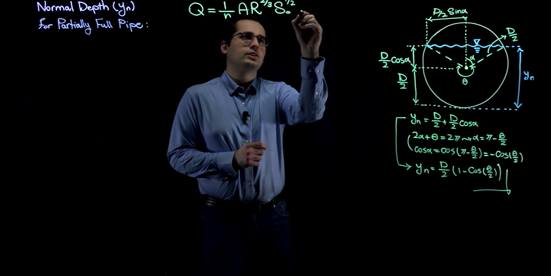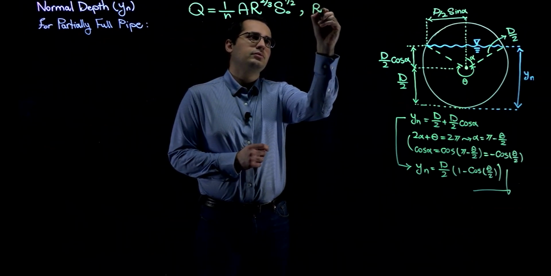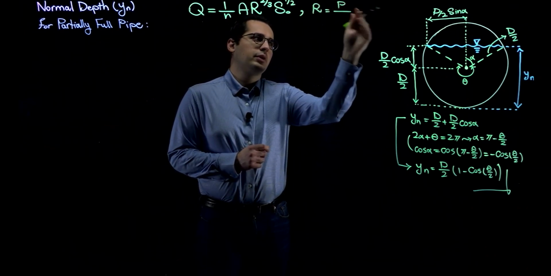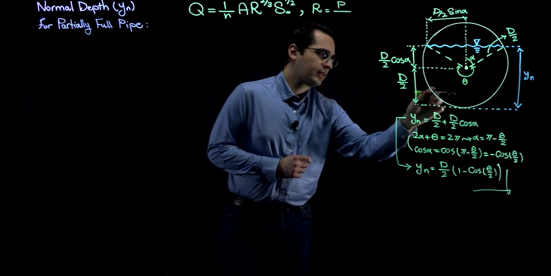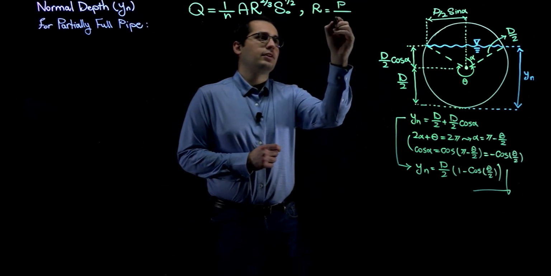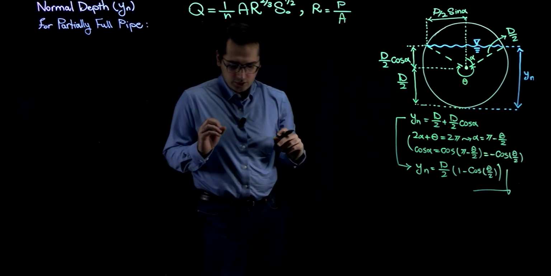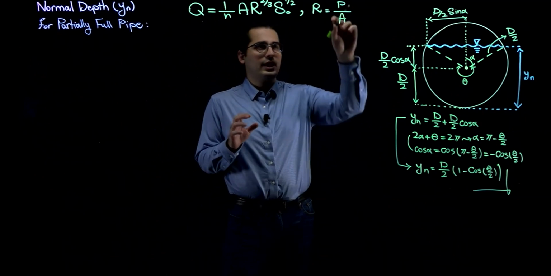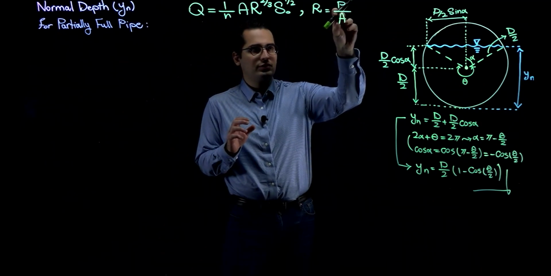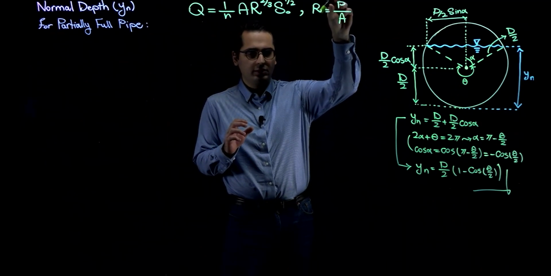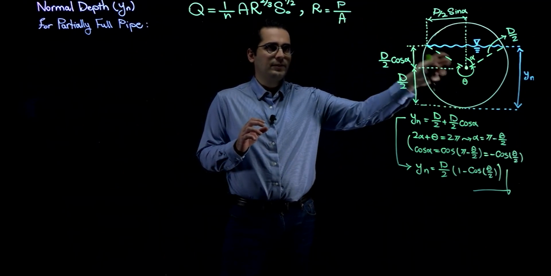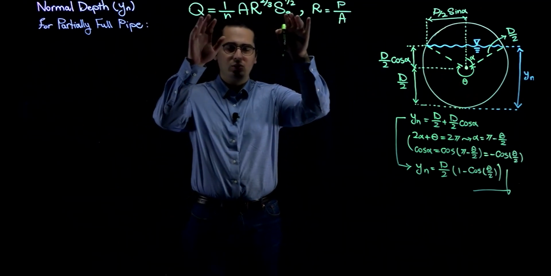R, or hydraulic radius, is the cross-sectional area of the flow divided by the wetted perimeter, which is this length that is wetted. So what I'm going to do is to calculate cross-sectional area of the flow, calculate wetted perimeter of the flow over here, put R and A in this equation.